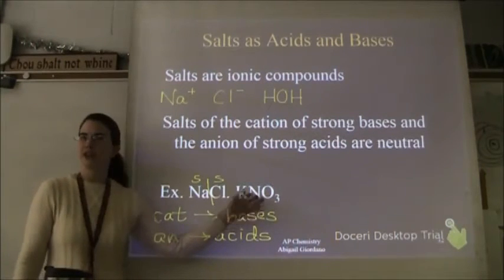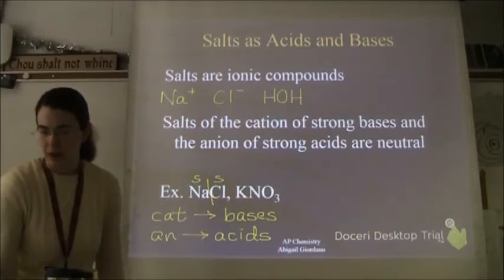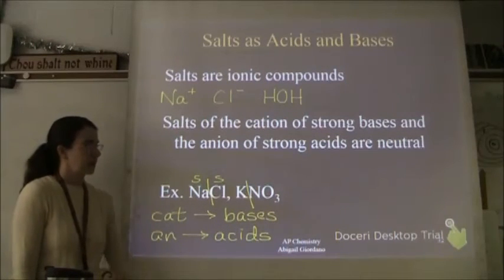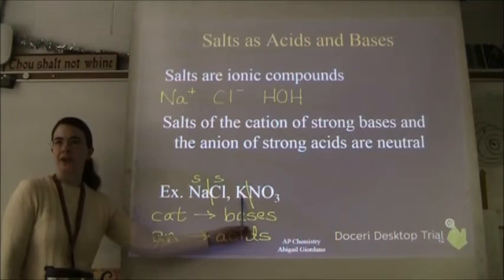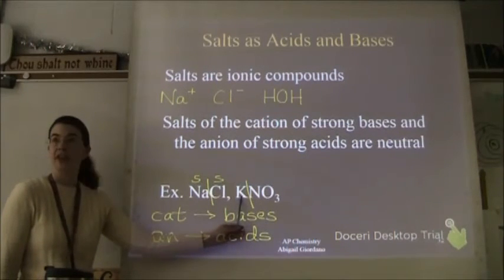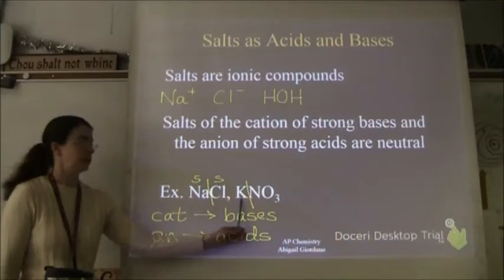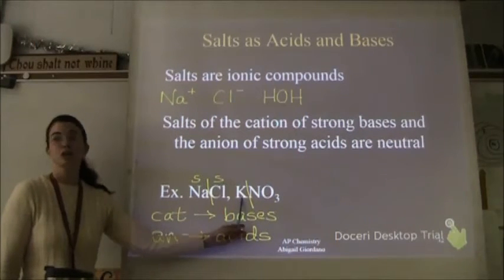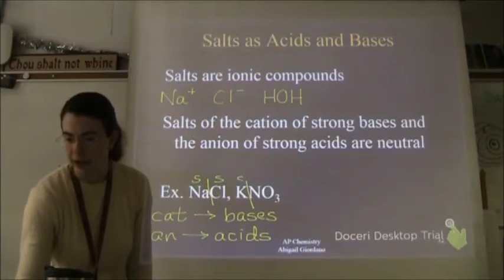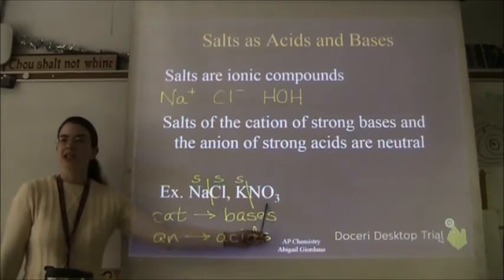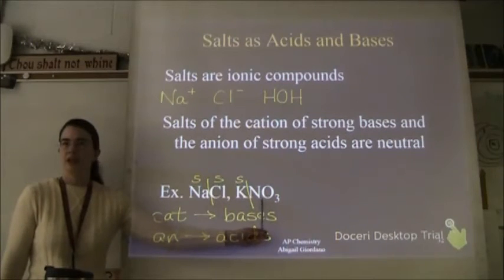Okay. Let's look at this other example. Potassium nitrate. Look at the cation first. What possible base could that cation form? KOH. Strong or weak? Strong. Put a little S. What possible acid could this form?